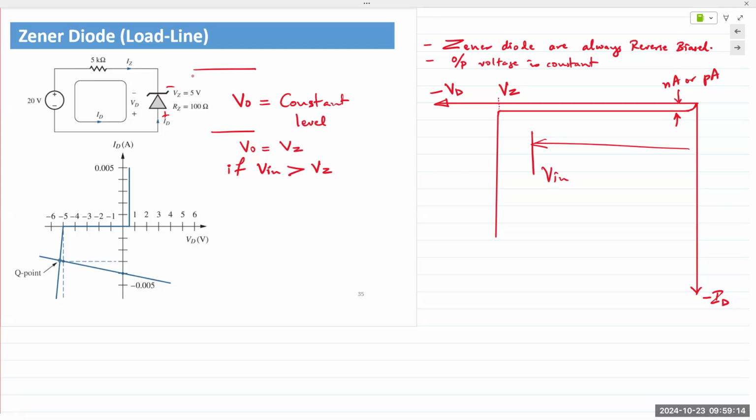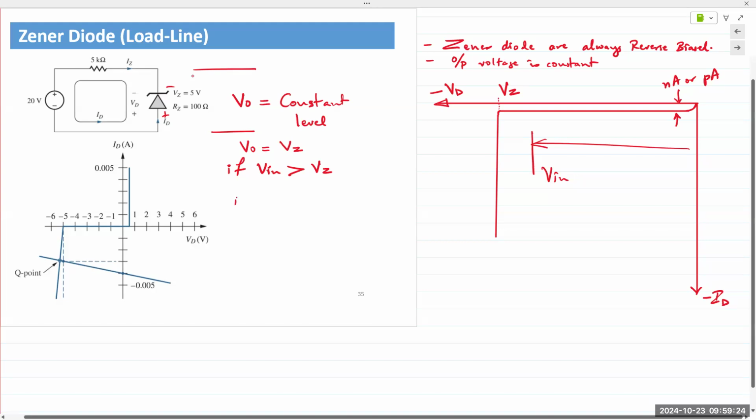Make sense? Right? The input voltage to the Zener diode must hit the reverse breakdown voltage, which is VZ. If V in is less than VZ, then the diode won't turn on, and V out will simply be equal to V in. That's it.